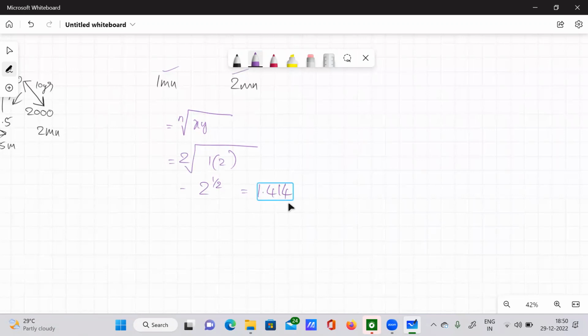So it can be shown that for any data set, the geometric mean is always the least of the three means, right?